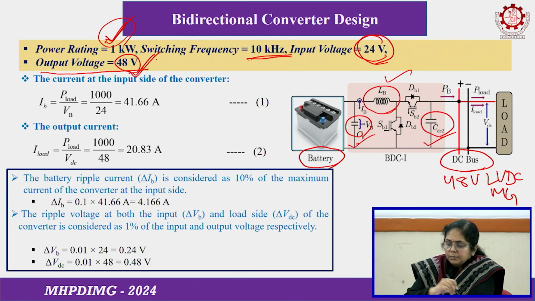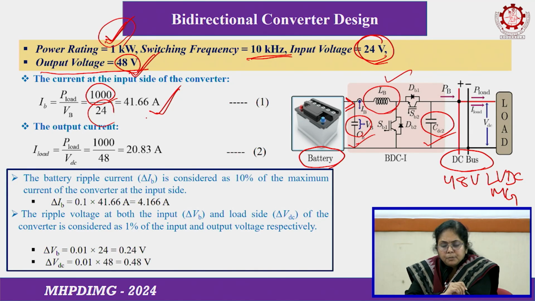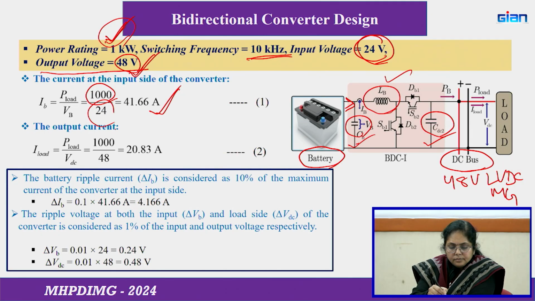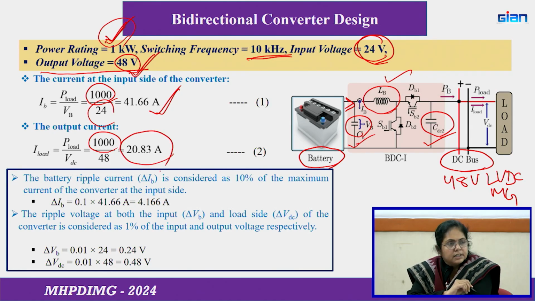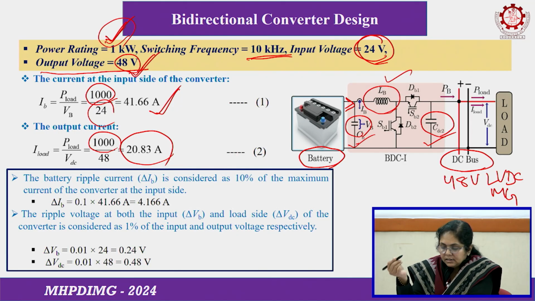The maximum battery current is the load power divided by the battery voltage: 1 kilowatt divided by 24 volt, which is 41.66 ampere. With the output voltage fixed at 48 volt, the output current is nearly 21 ampere, you can check it.